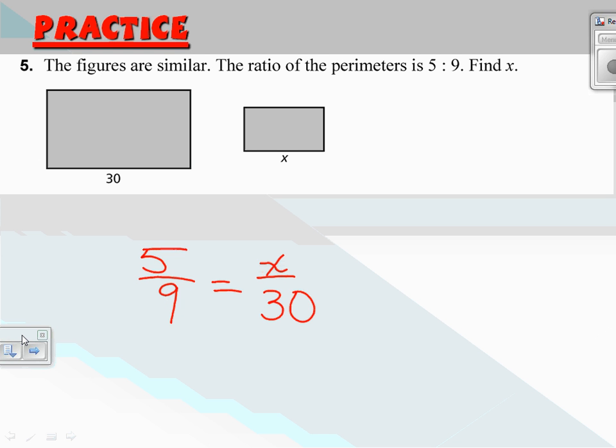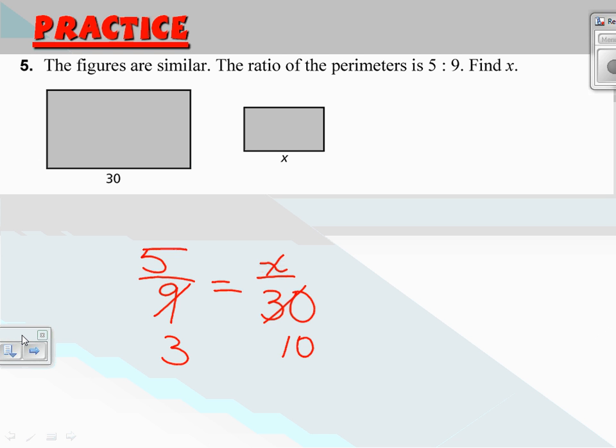So 5 to 9 equals x to 30. I'm going to now solve this. I can actually simplify 9 and 30. What goes into 9 and 30? I believe 3 does. So 9 divided by 3 is 3. 30 divided by 3 is 10.